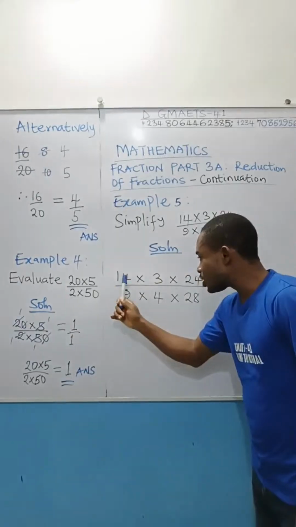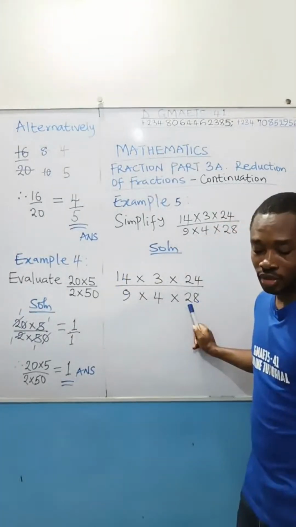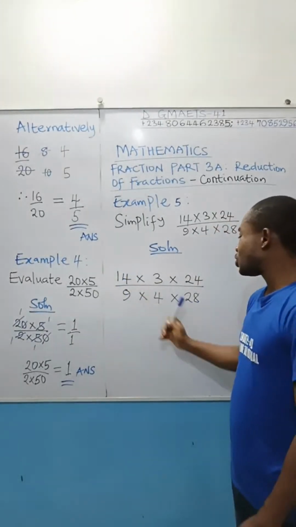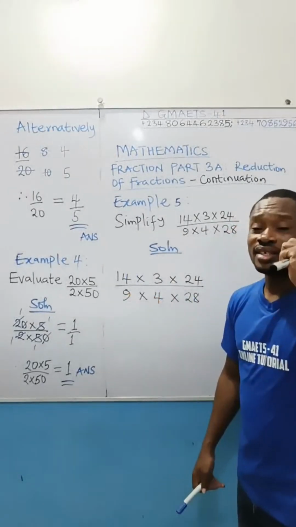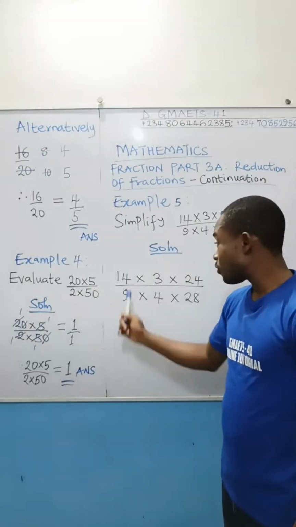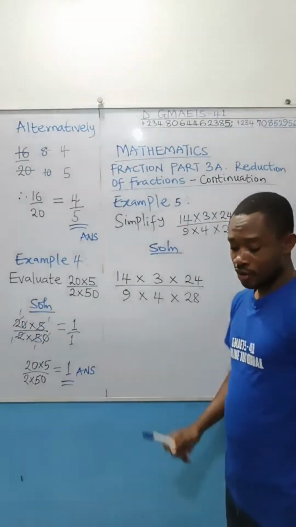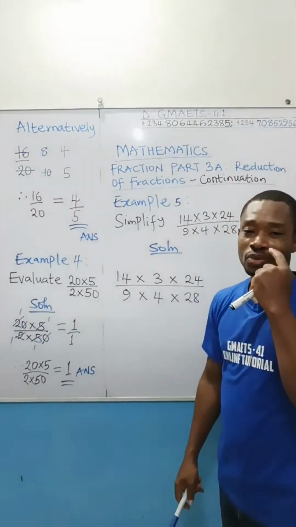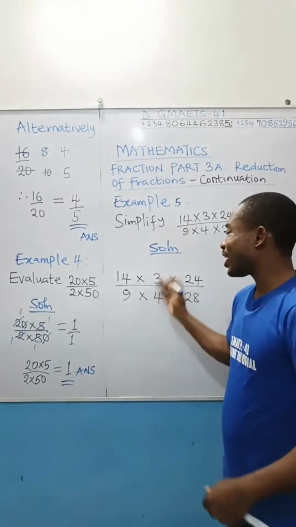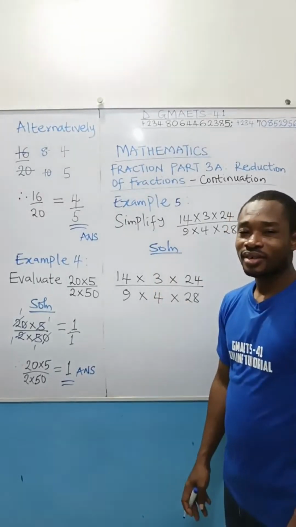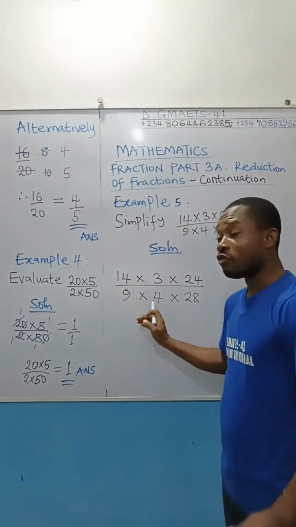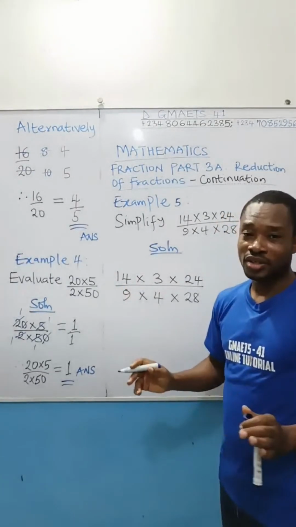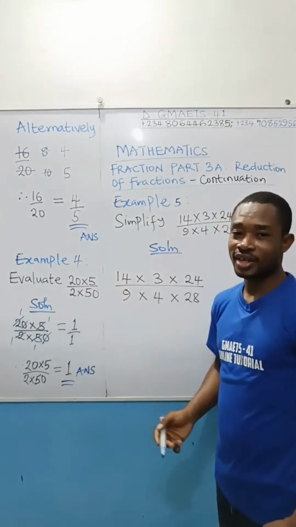I observe that I have 14 in the numerator and I have 28 in the denominator. 14 and 28, the HCF, highest common factor, is 14. 14 can divide 14 to give you 1. 14 can divide 28 to give you 2. So I want to clear the bigger numbers, right? But it doesn't matter. Even if you do 14 and 4, you will still get the same answer if you work it correctly, using 2, like I said.